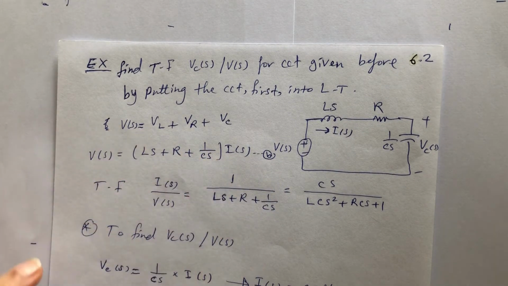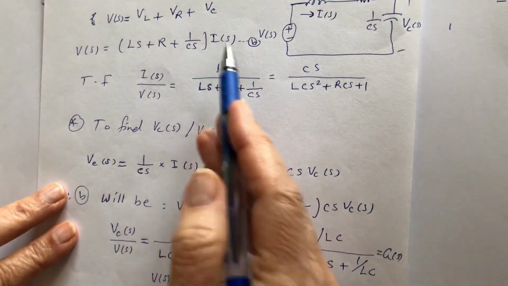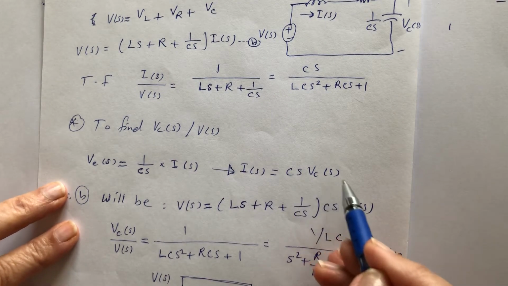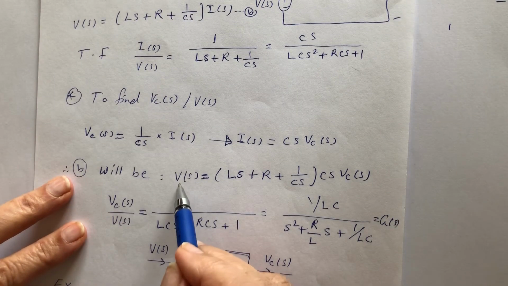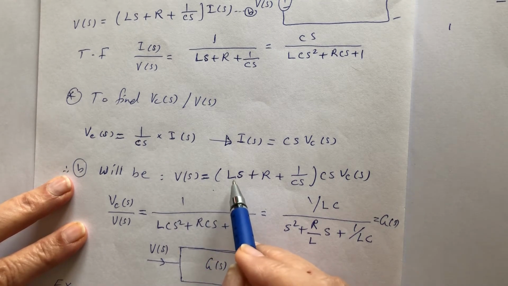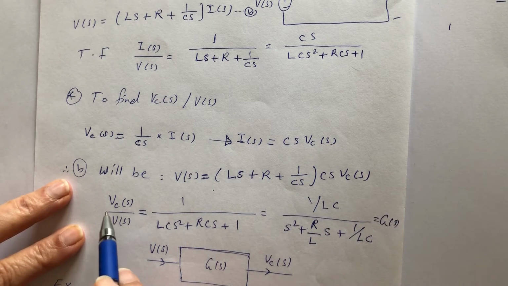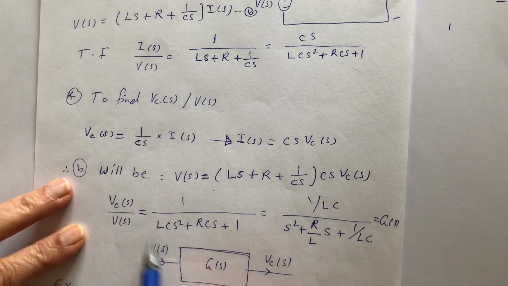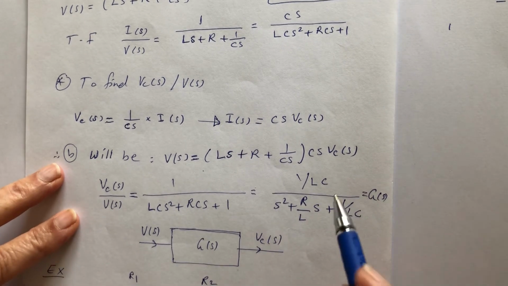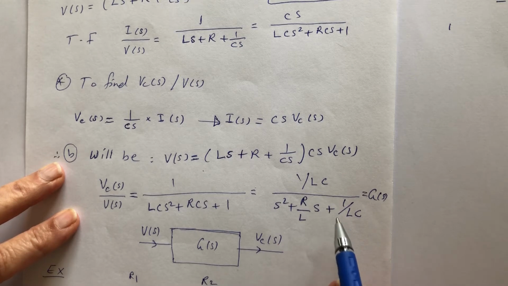So I'll substitute for VC of S equal 1 over CS times I, and I equal to C S VC of S. So we will say that V of S equals LS plus R plus 1 over CS, times CS VC of S, and I can get VC of S over V of S, which is the output over the input, and it will be equal to 1 over LC S squared plus R over L S plus 1 over LC.